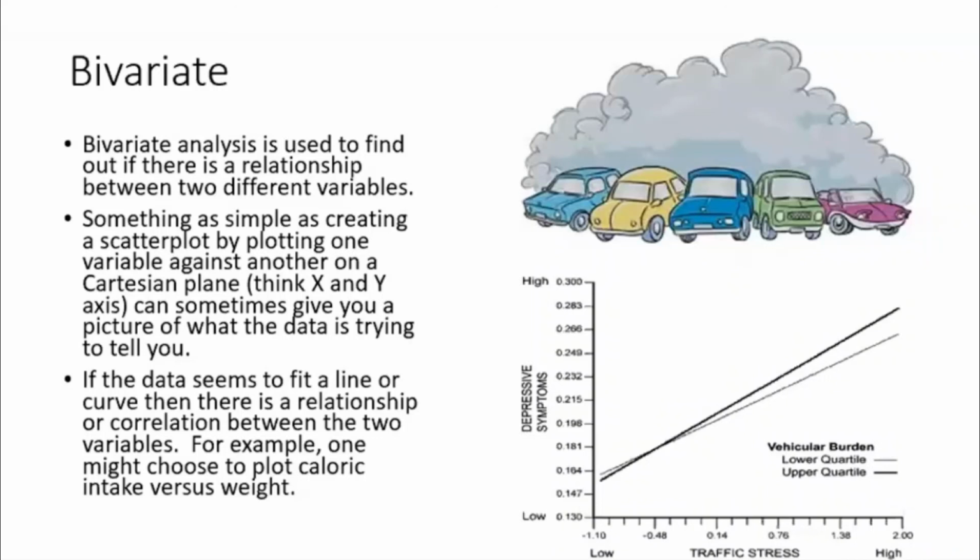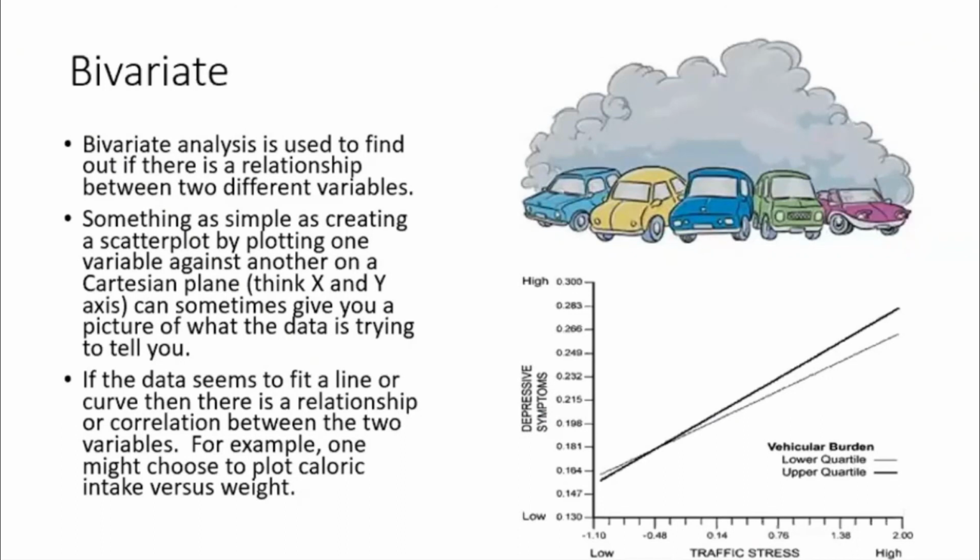There is a graph. Now, what are we trying to prove from this graph? We are trying to prove there is a relation, an oblique influence, oblique impact, oblique effect of traffic stress on depressive symptoms. Okay, bivariate analysis. How many variables? 2 variables. Many experimental studies do this bivariate analysis.